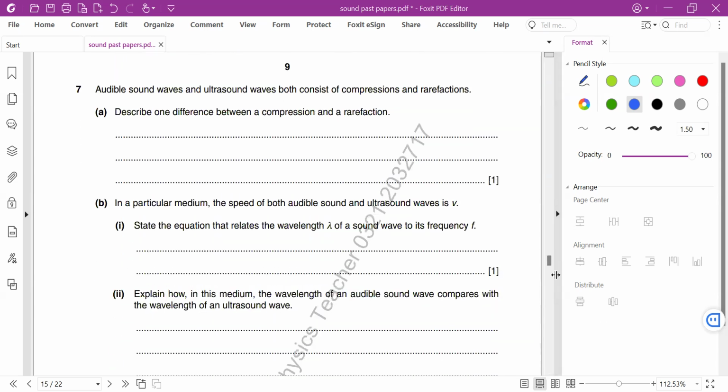Audible sound waves and ultrasound waves both consist of compression and rarefaction. One difference between compression and rarefaction: in compression, molecules are very close to each other.